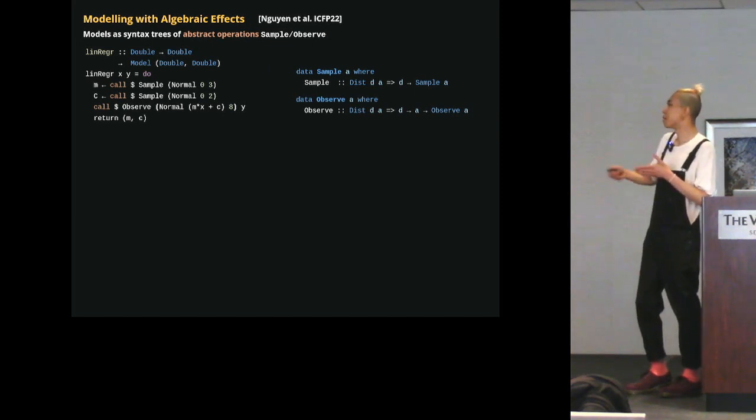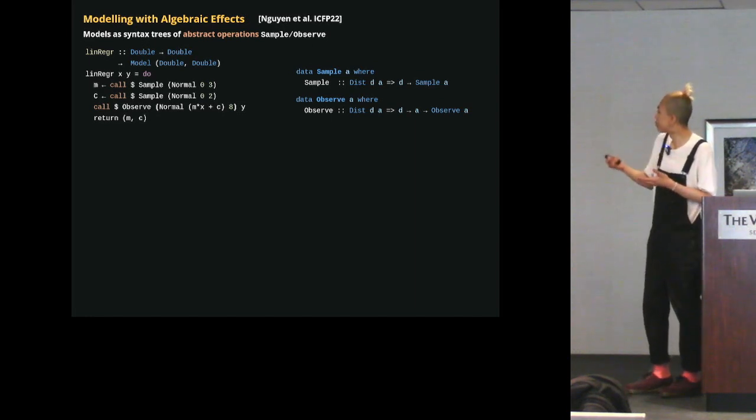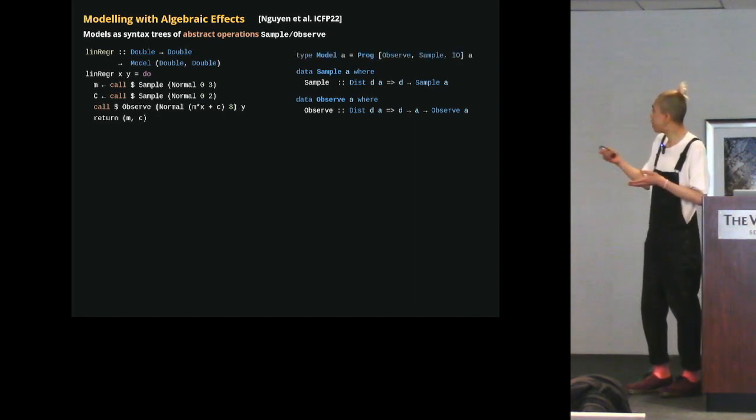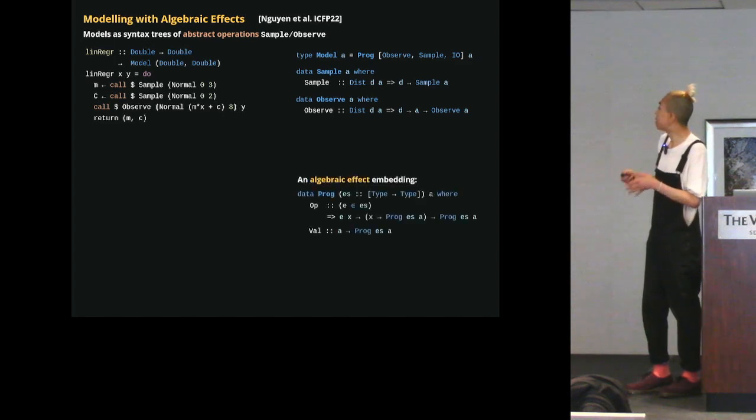So as this is the minimal interface you would need to write a model, you can think of them as having the following types. That is, they are programs that can perform observing and sampling side effects, as well as I/O. And this type prog is where the algebraic effects comes in, and it's how we capture models as syntax.